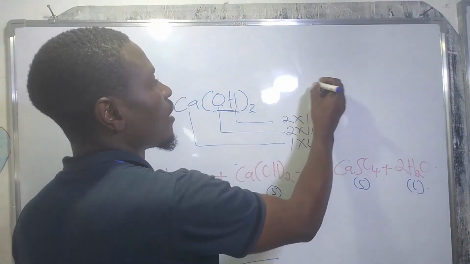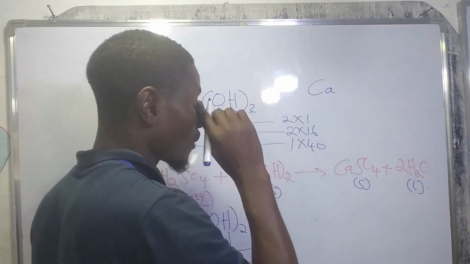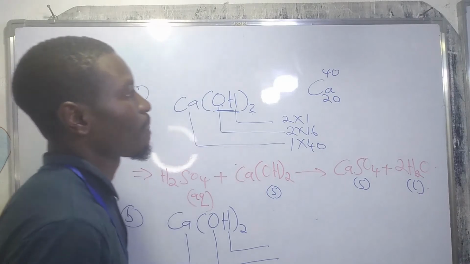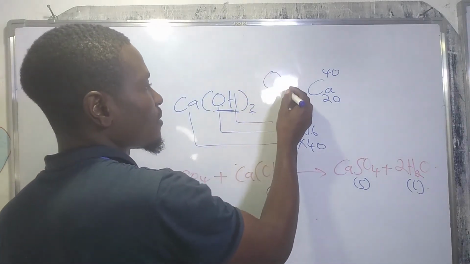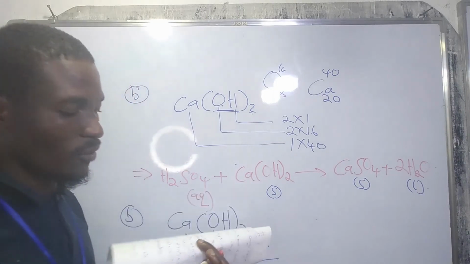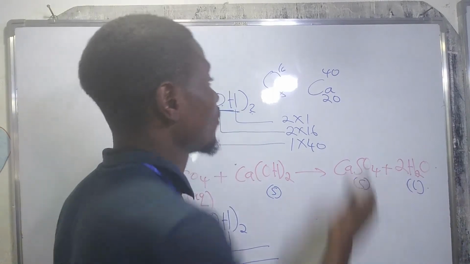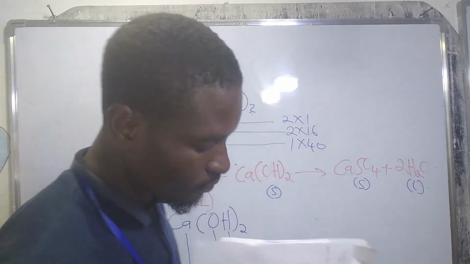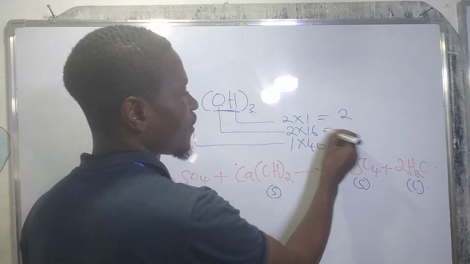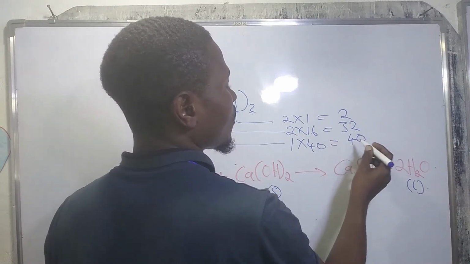For example, calcium is 40 and then 20. Oxygen is 8, then 16. So make sure you also get yourself familiar with the periodic table. So this is 2, this is 32, this is 40.